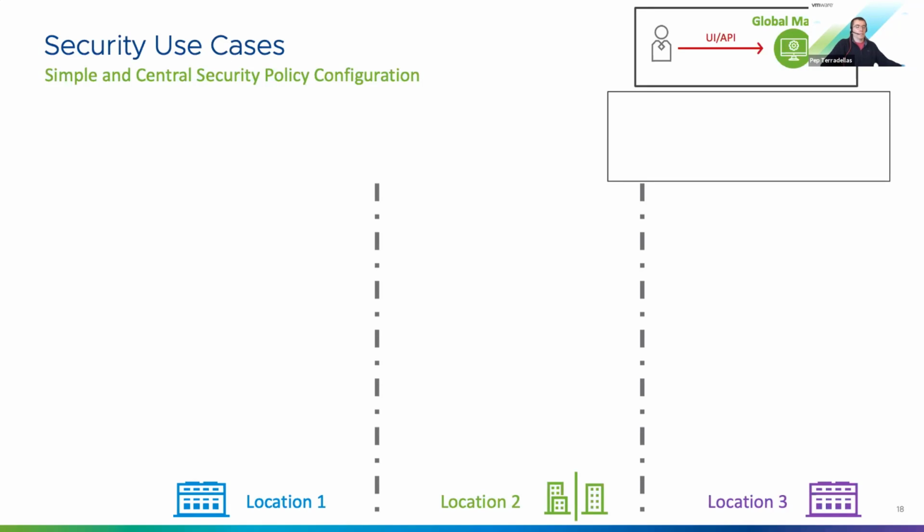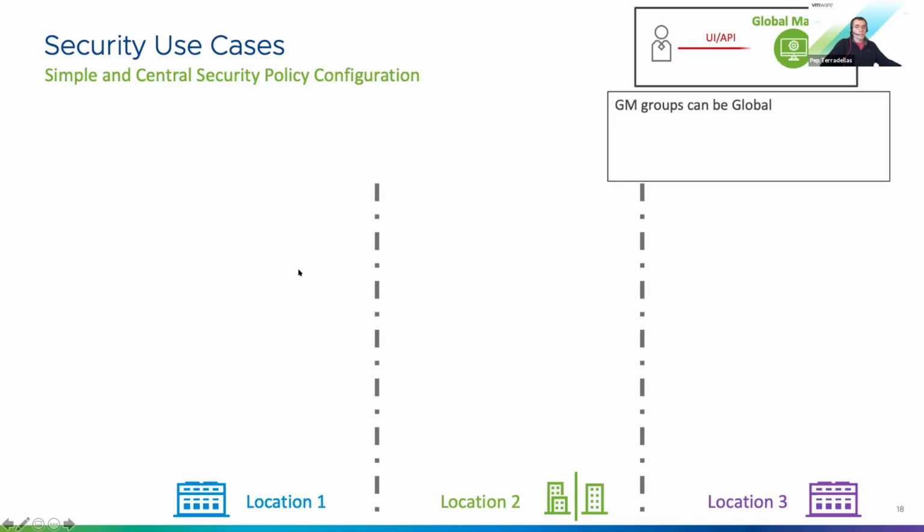Imagine that you have a DR and an active data center, so you are able to move the workloads, and the security or distributed firewall rules stay the same wherever the VM is placed.